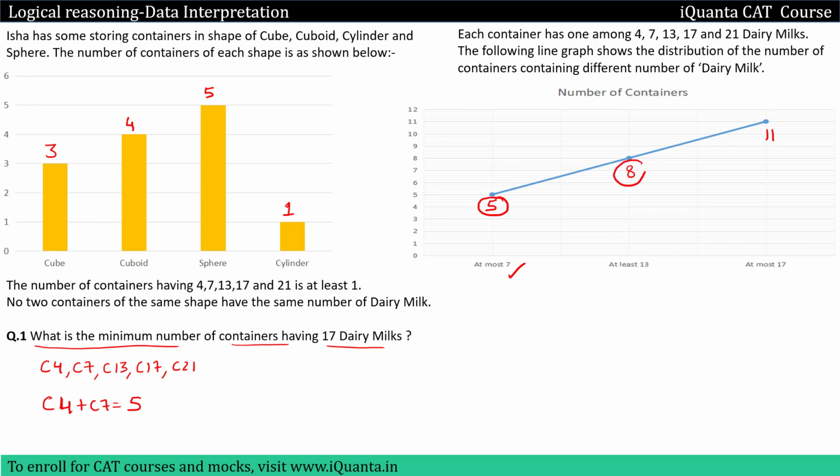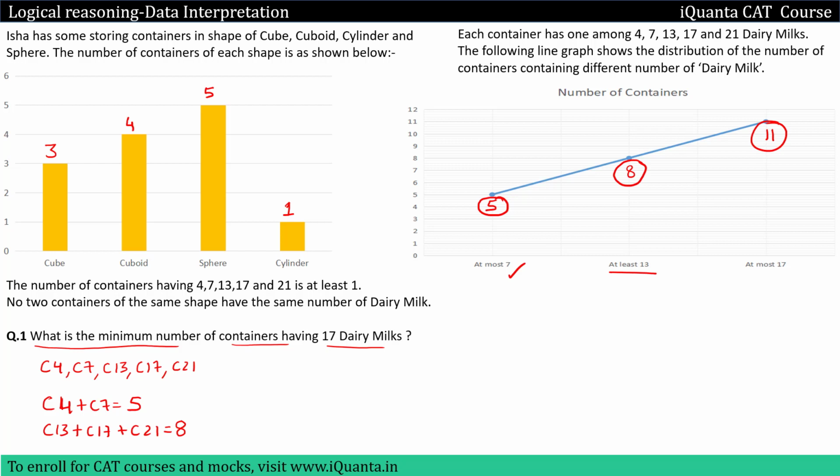From this 8, this means that there are 8 containers having at least 13 dairy milks. So at least 13 means 13 or more. So we'll take all those containers, that means C13 plus C17 plus C21. The total number of such containers will be equal to 8. This is another equation that we have.